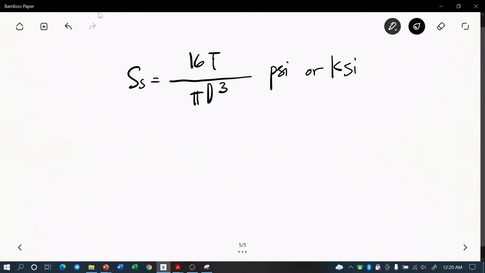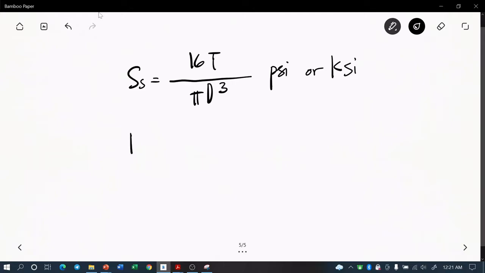So from this we can transform this in order to obtain the expression for the diameter.